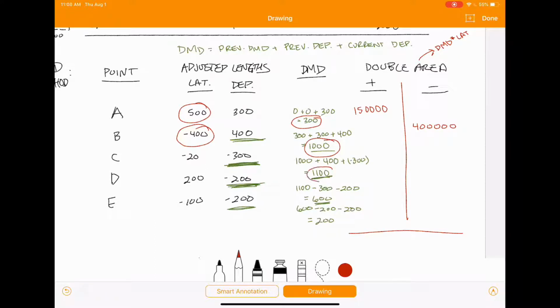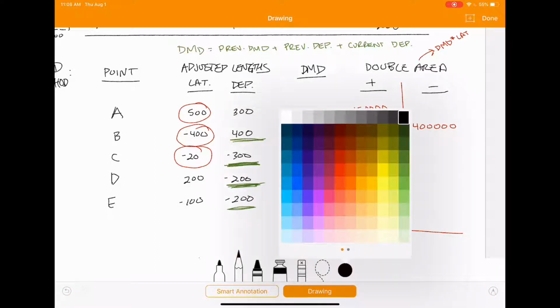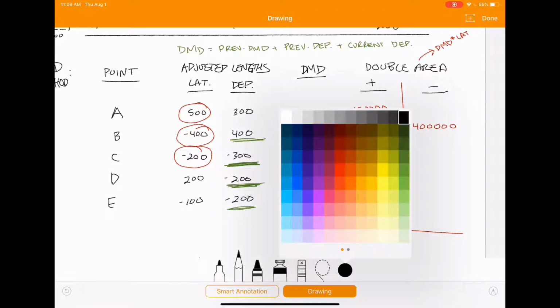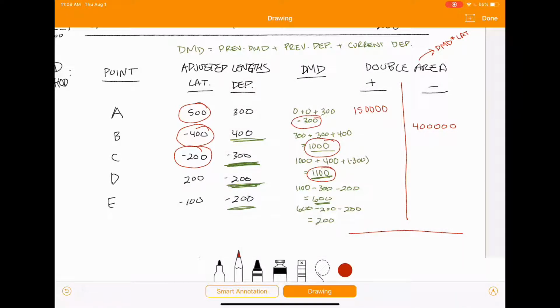And then this times this, which should actually be 200. I don't know where that other 0 went, but that's okay. That's why we go back and check ourselves.